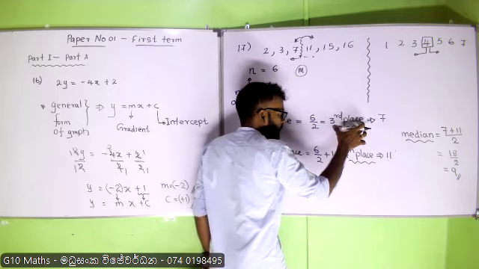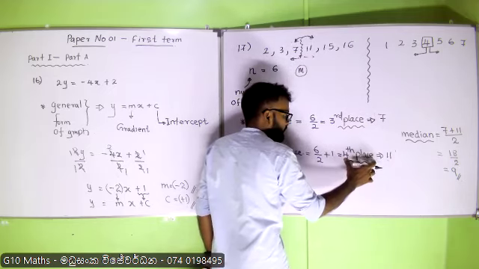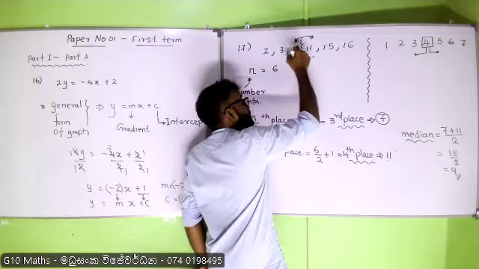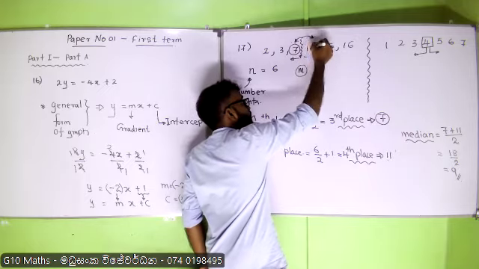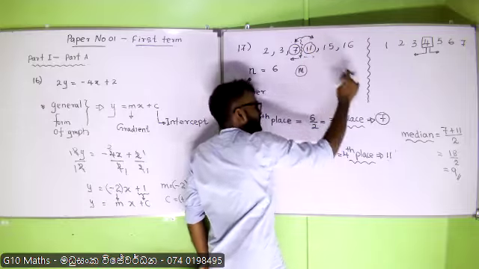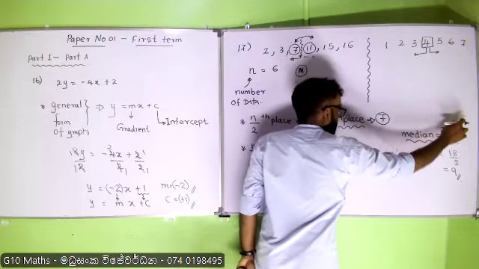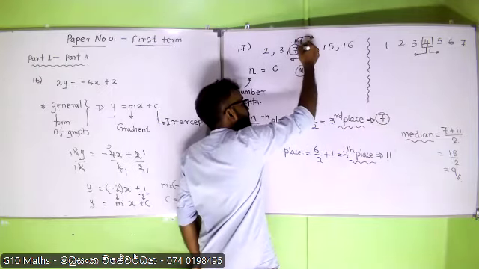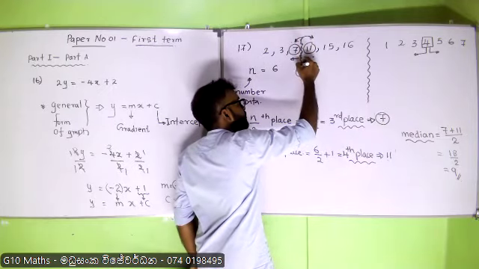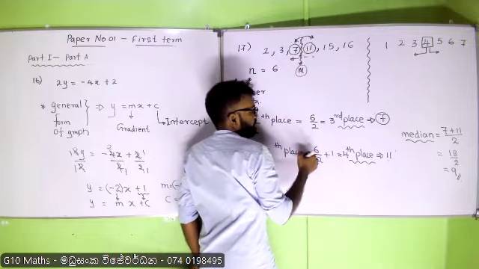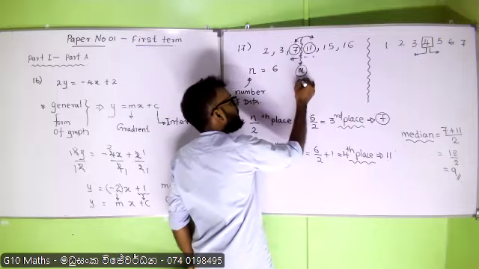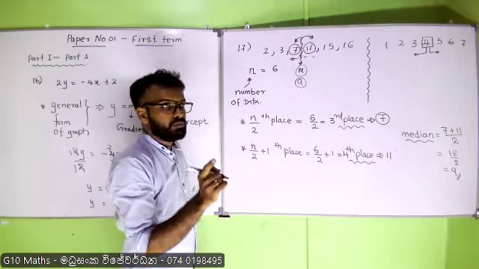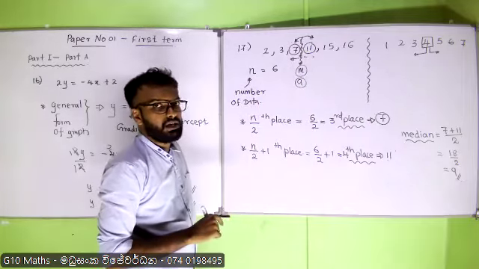First find this place, then this place, then check the values. In the third place you have 7, in the fourth place you have 11. Then 7 plus 11 divided by 2 gives the exact middle number, the median. That should be 9, but you cannot see it; you assume that it is 9.